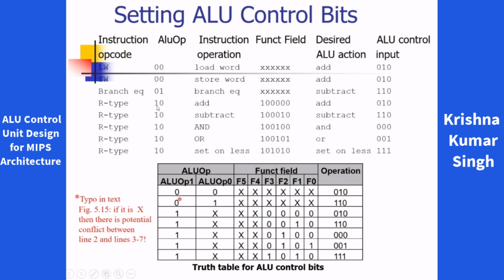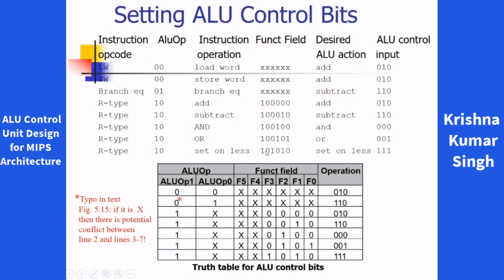But the function field is different. This is the function field related to the add, which is 32. This is 34 for the subtract, this is 36 for the AND, and this is 37 for the OR, and this is 42 for the set less than.